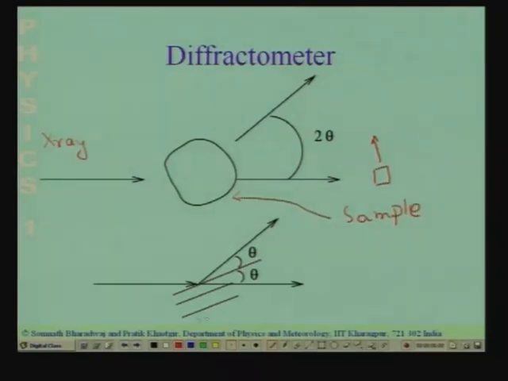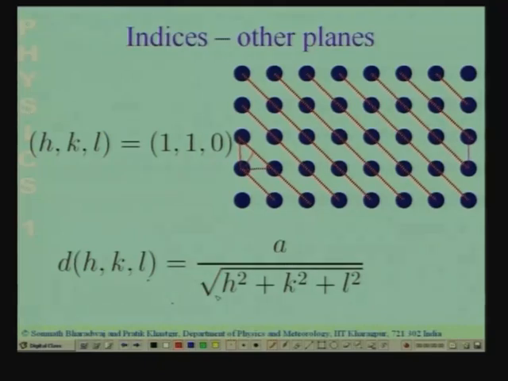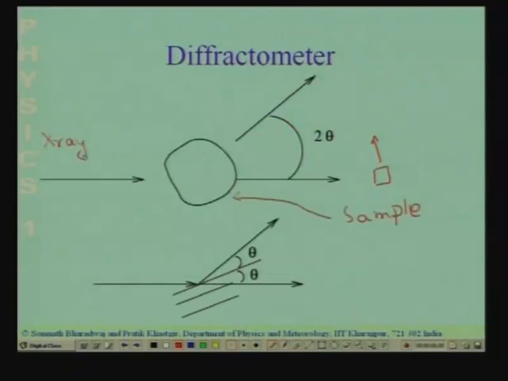So, let us consider a set of planes. The planes could correspond to any of these Miller indices. So, let us say that these are the planes.